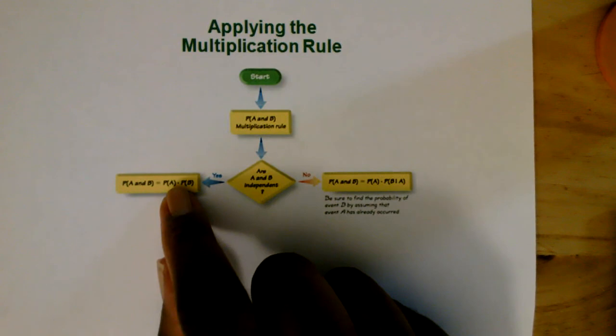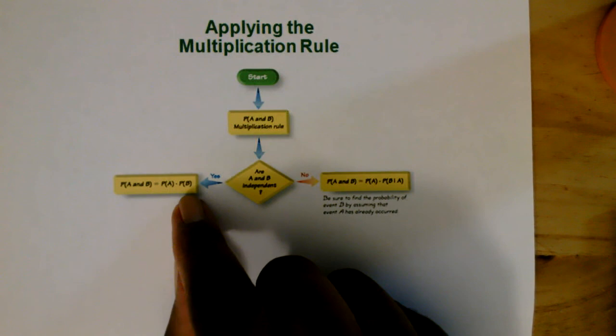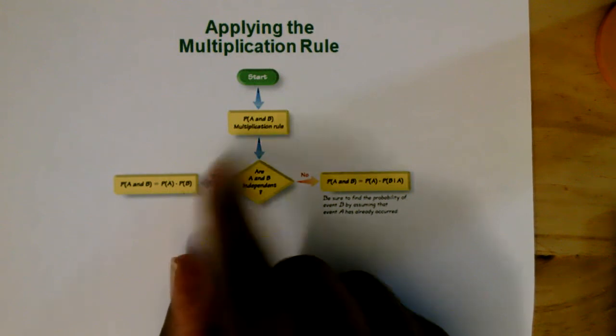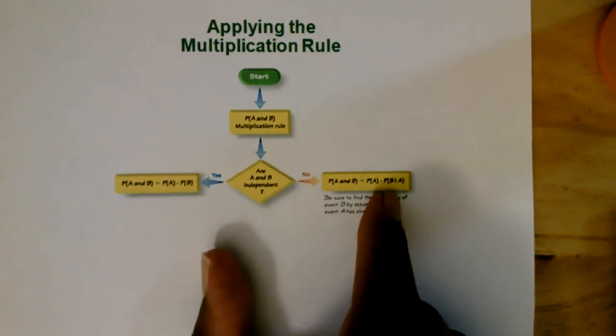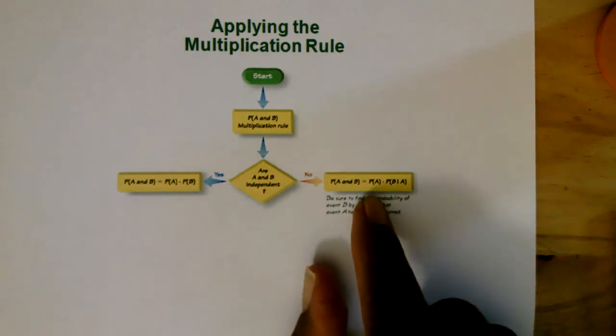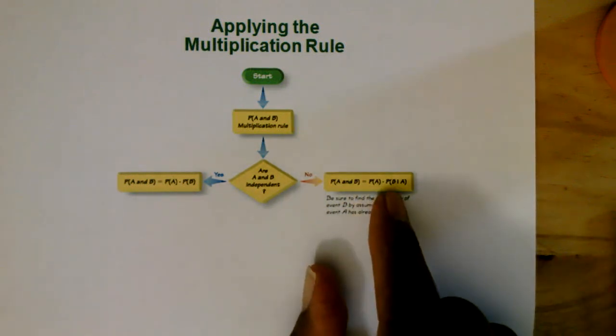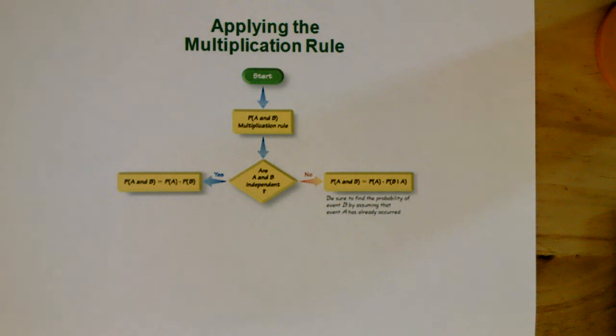If they are, then just go ahead and multiply the two probabilities together: the probability of A times the probability of B. But if A and B are not independent, then you want to take into account that event A has already occurred. So that's where we use the probability of event A times the probability of event B given A. And it does say to be sure to find the probability of event B by assuming that event A has already occurred.